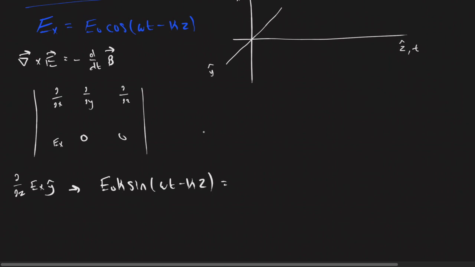So that is the curl, and it is a vector, in the y hat direction, equal to minus d over dt of B.